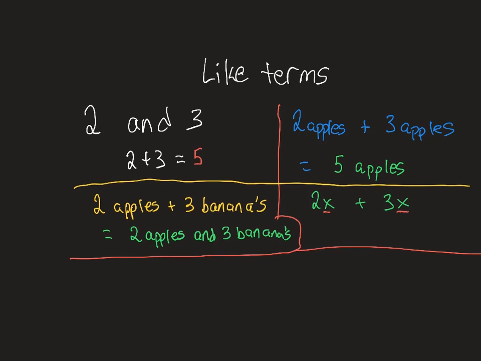They're both x's. So it's the same thing as me saying 2 apples plus 3 apples. So that would be 5 apples, or in this case, 5x.